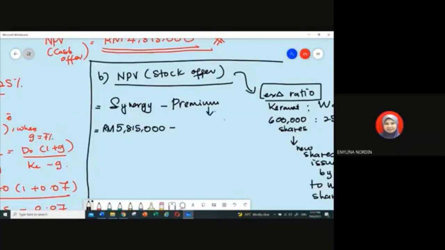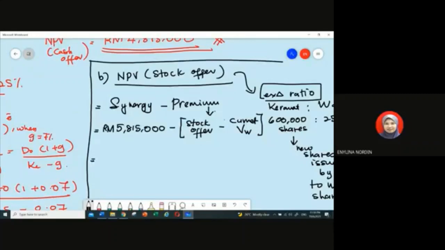This time it's the stock offer, so that means the difference between the stock offer and the current value of Wangsa Setia. This is the same as what we did before in the previous example.